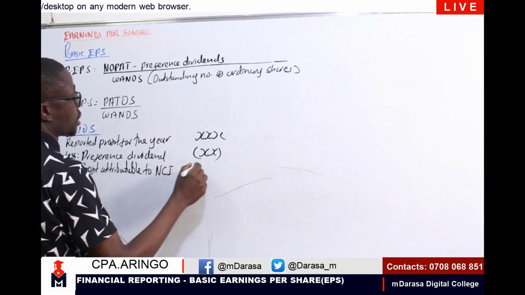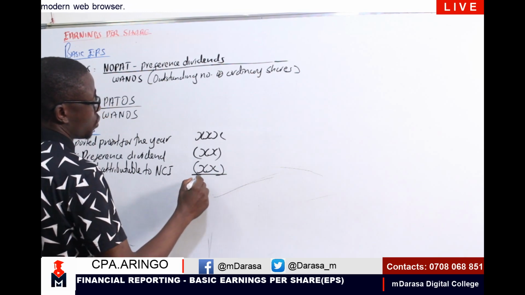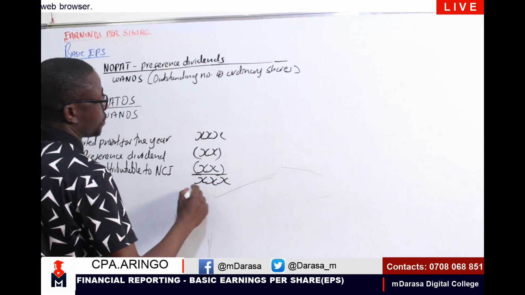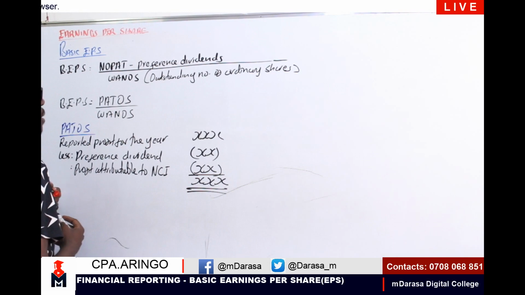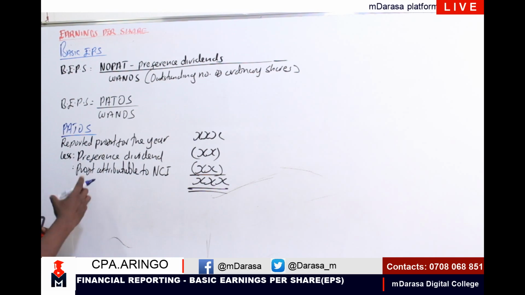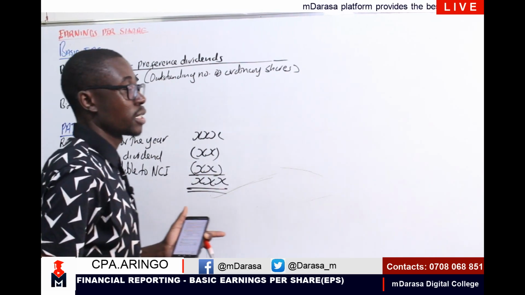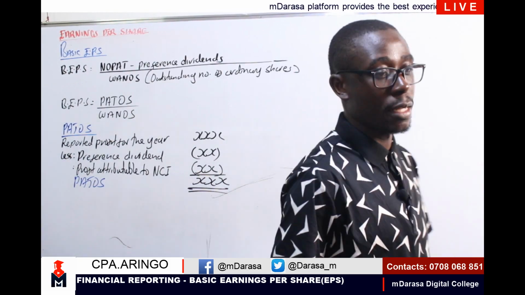So basically these are what you must always consider to give us our PATOS, profit attributable to ordinary shareholders. This is very important for you guys to understand.